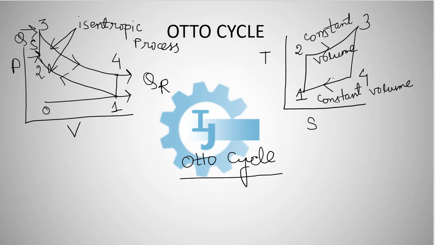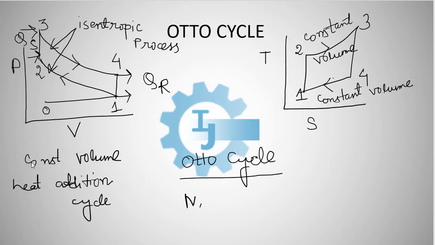Otto cycle was proposed by Nicholas Otto in 1876, which forms the basis for the working of today's spark ignition engine. This is basically a constant volume heat addition cycle, and this is proposed by Nicholas Otto in 1876.